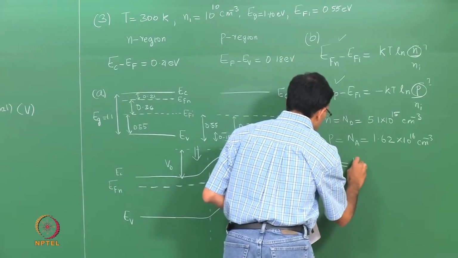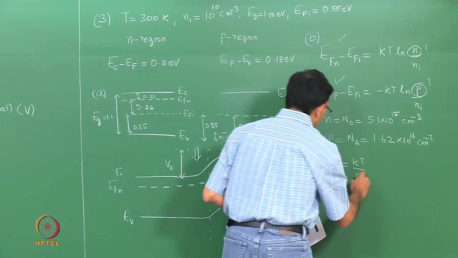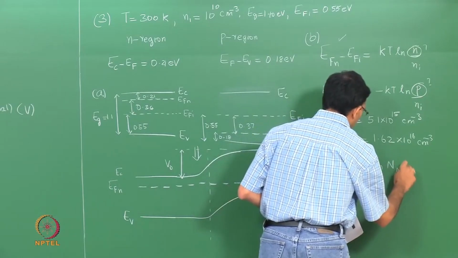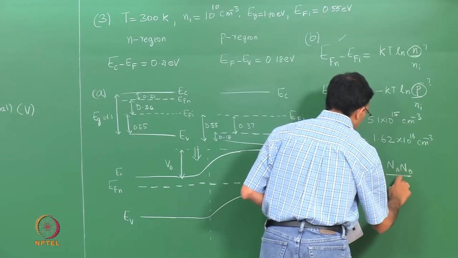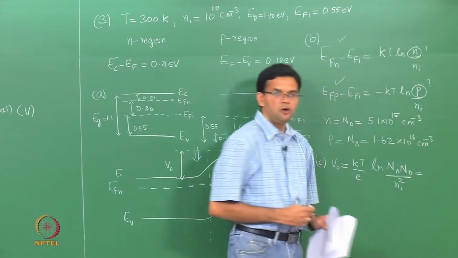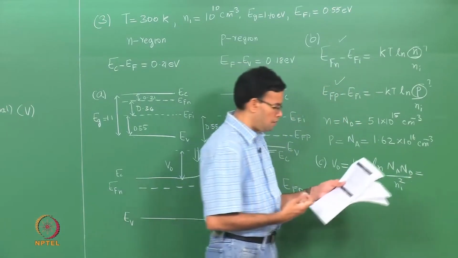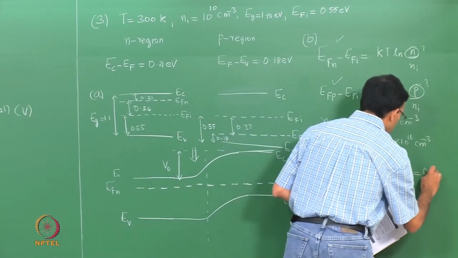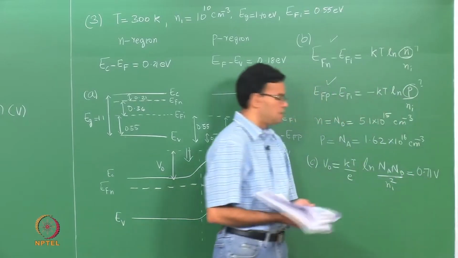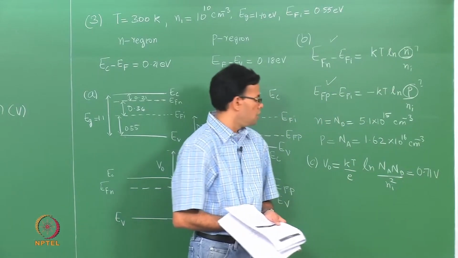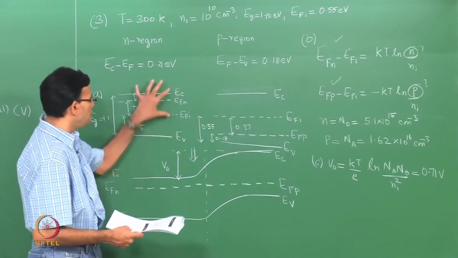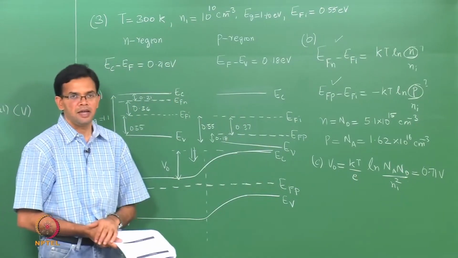So, V naught is nothing but kT over E ln of Na Nd over Ni square. We can do all the substitution and the numbers. So, this works out to be 0.71 volts.